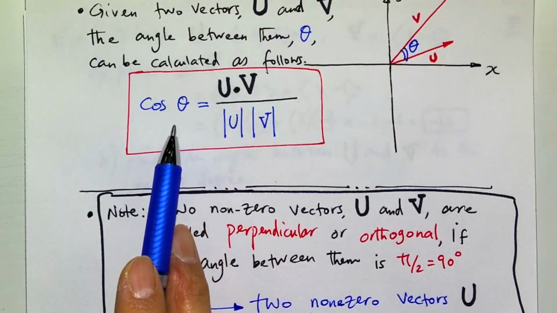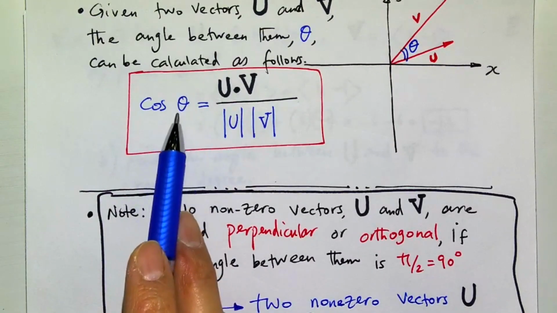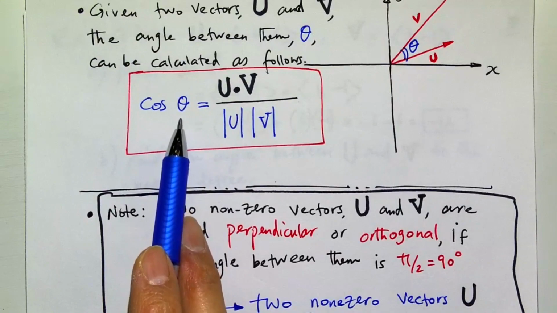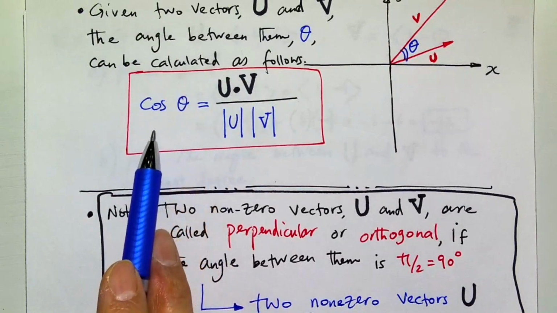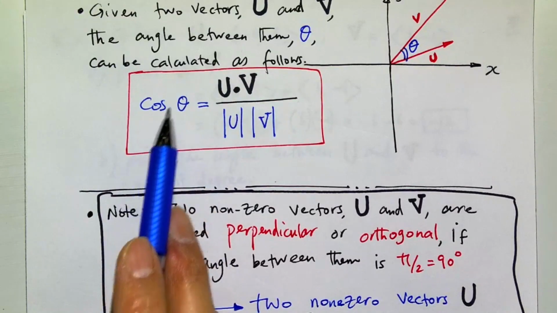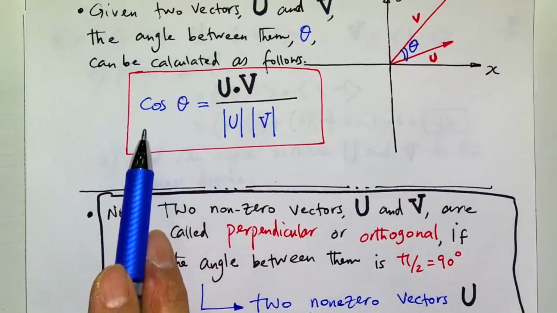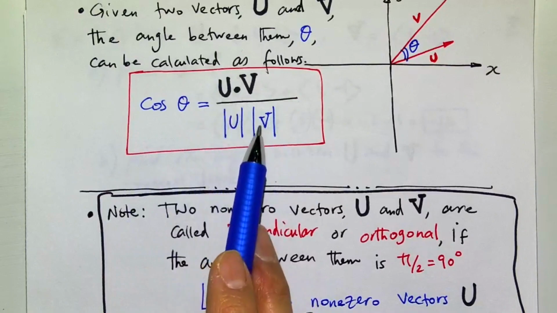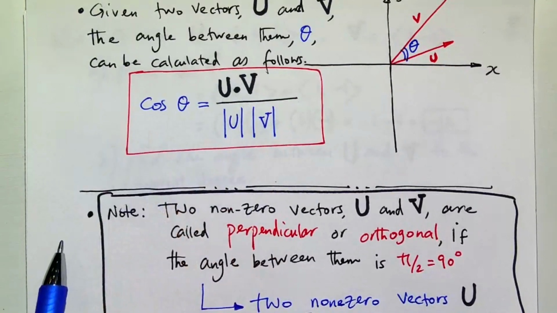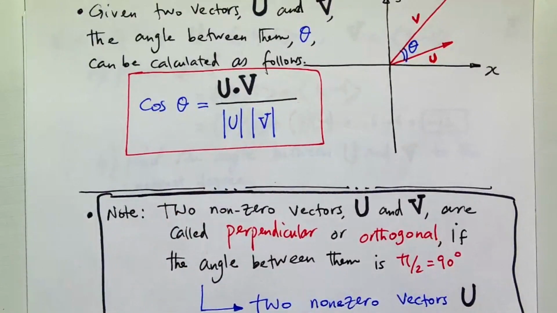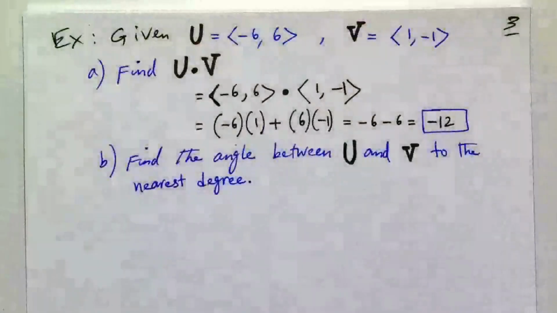So how do we calculate theta? Because that's what we're interested in. Well, we learned that theta is equal to the inverse trigonometric function, so it would be the inverse cosine of this quantity. Okay, so let's do that for this example.